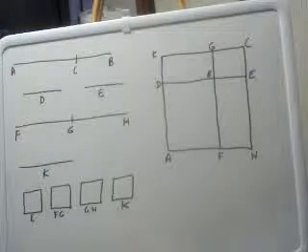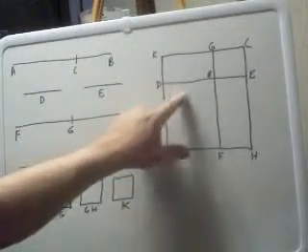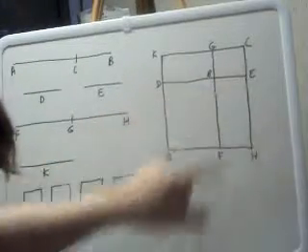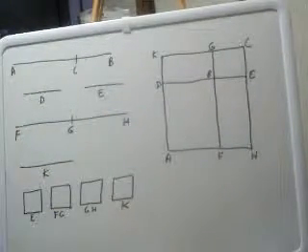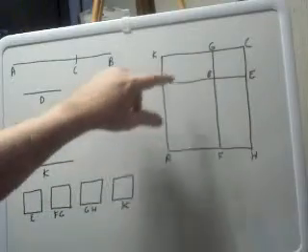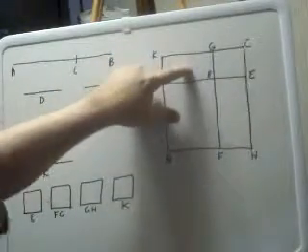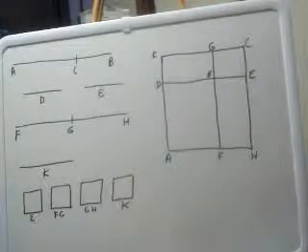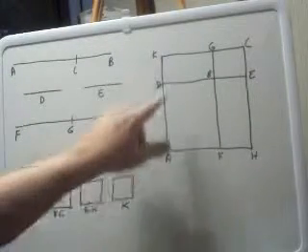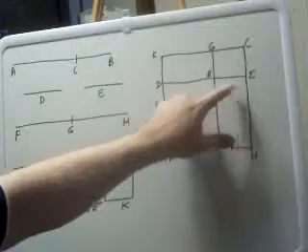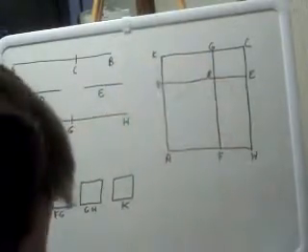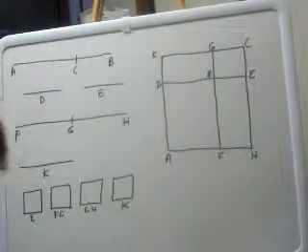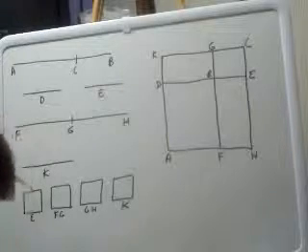And as DB is to BE, as this length is to this length, so is the rectangle DG to BC. So what we're saying here is this length is to this length, so is this rectangle to that square. And that's by Euclid Book 6, proposition number 1.